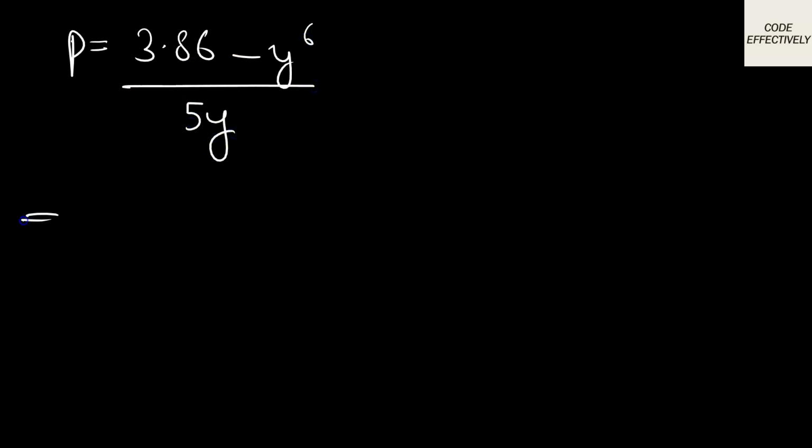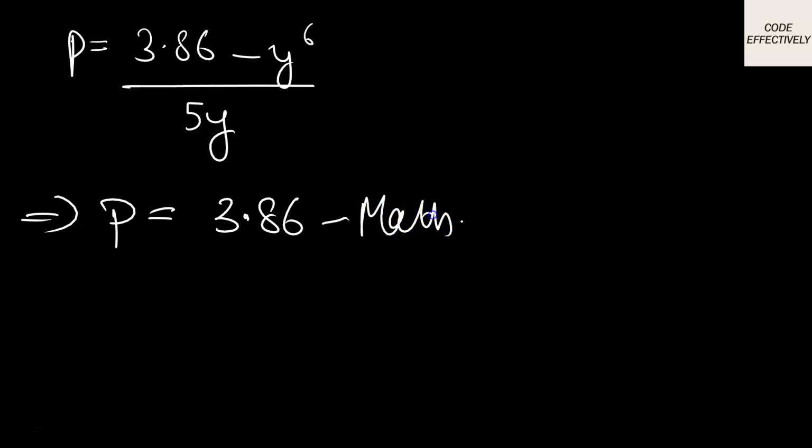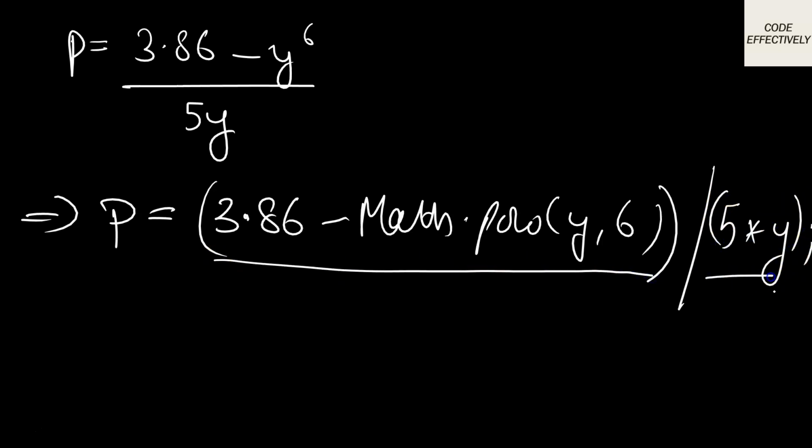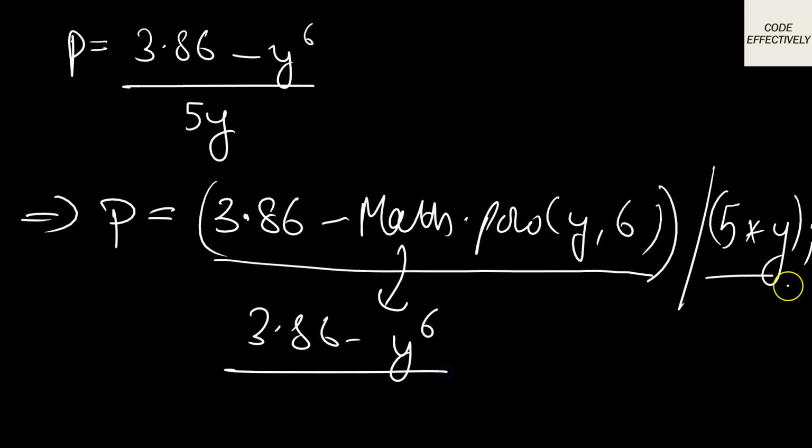Please pause it and then see the answer, or I can directly write it: 3.86 minus Math.pow(y, 6), and then we can put this in a bracket and divide it by (5 * y), again in a bracket, so that the computer knows this part is one and this is another part. So after compiling, the computer will go for 3.86 minus Math.pow(y, 6), and then 5 into y.